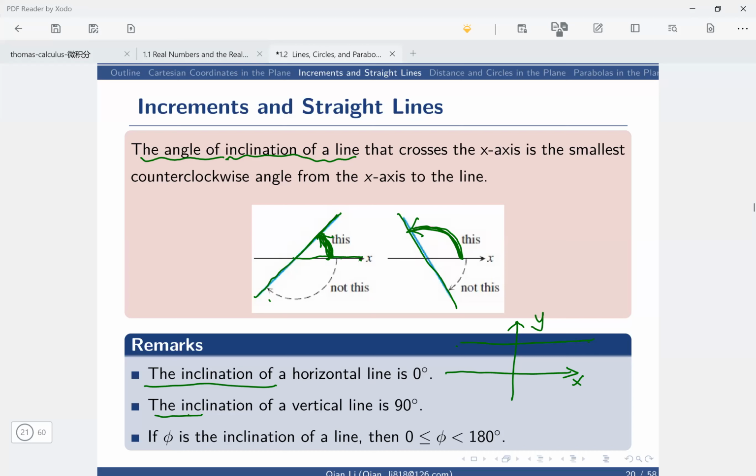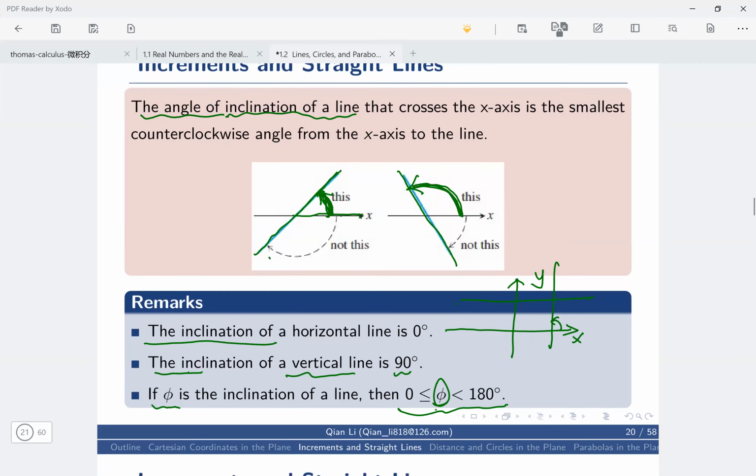And the inclination of a vertical line is 90 degrees. If phi is the inclination of a line, then phi must be larger than or equal to 0 degrees and smaller than 180 degrees. Okay, this is the inclination of a line.